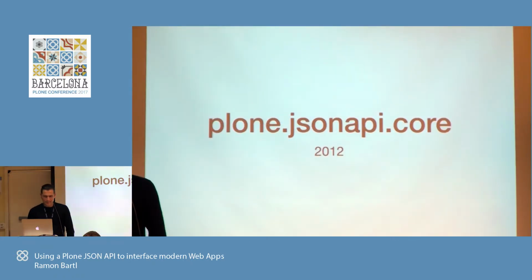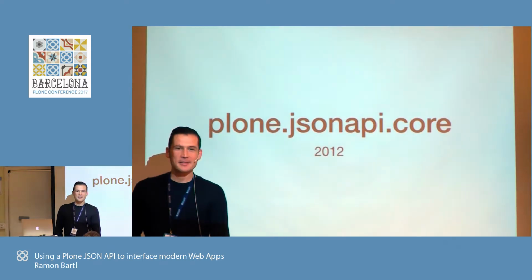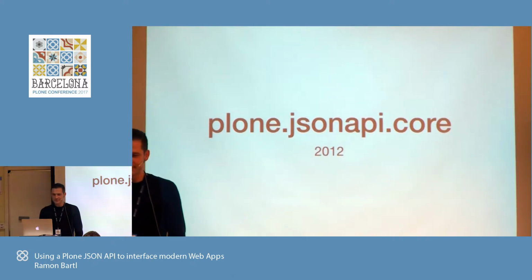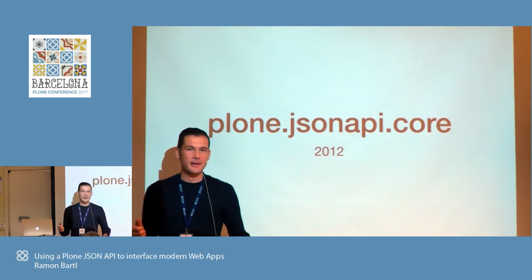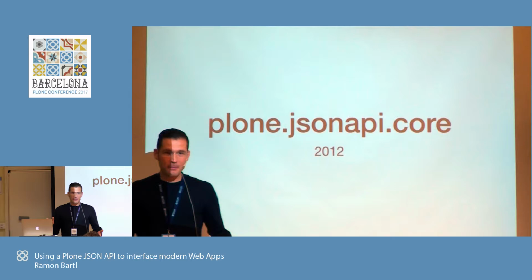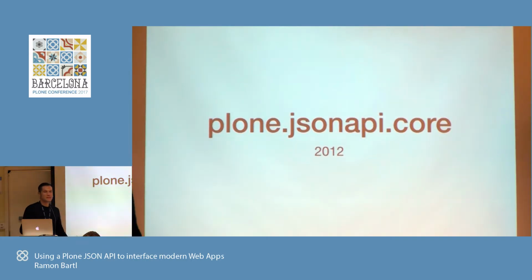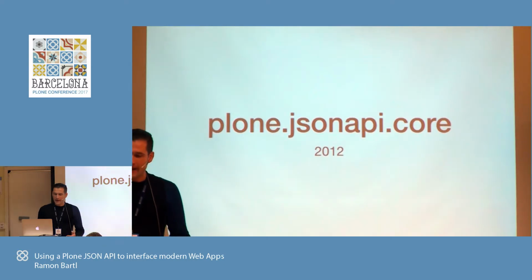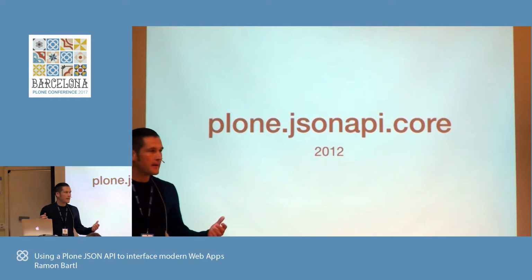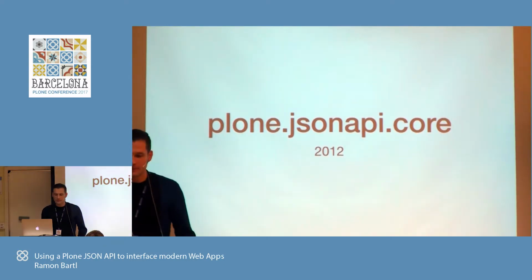So, Plone JSON API core: everything started in 2012. Have you ever dreamed to have an application that communicates with Plone, like a fancy app on your phone or a tablet? Or maybe you were playing around with one of these modern web frameworks that were out there and wanted to have them interfaced with Plone.